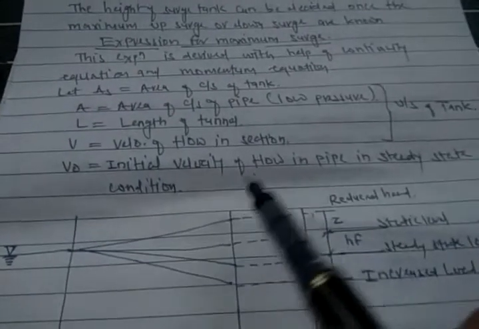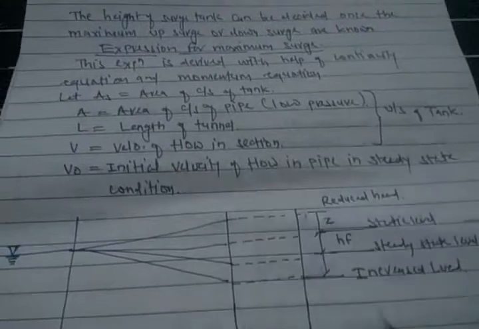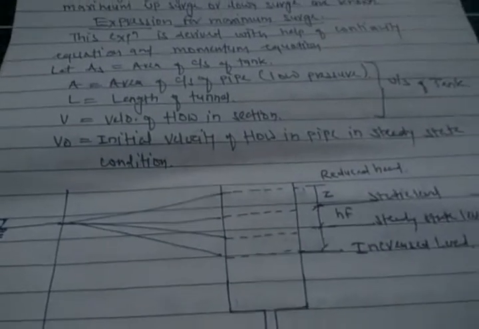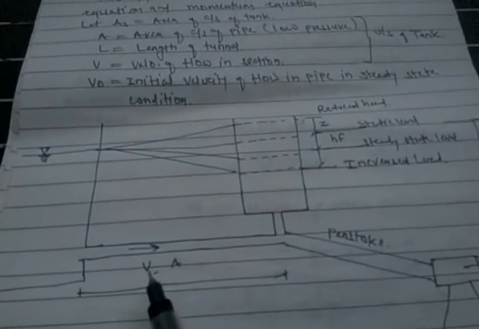And V0, initial velocity of flow in the pipe in steady state condition, when there is neither increased demand nor reduced demand. So we now know V0, V, A, L, and AS. With this we will decide the expression for maximum surge.